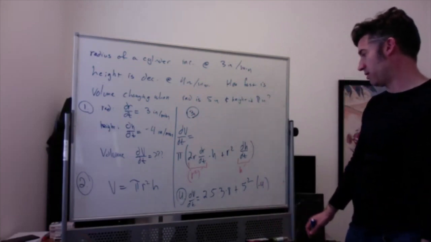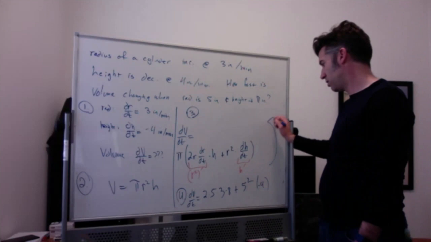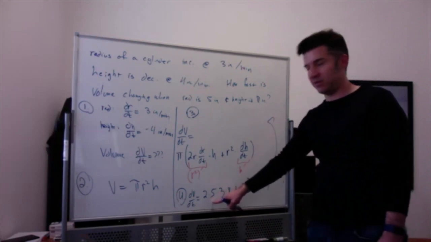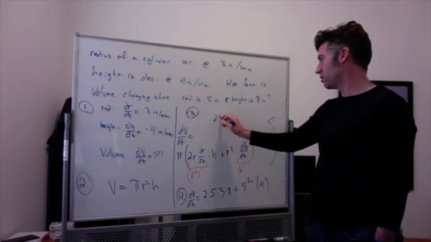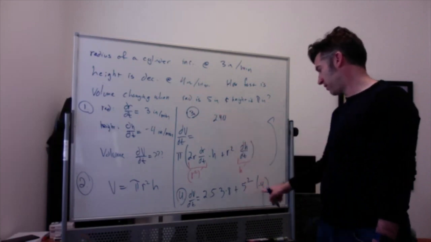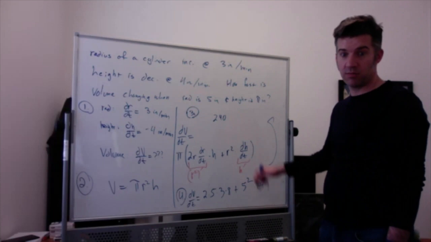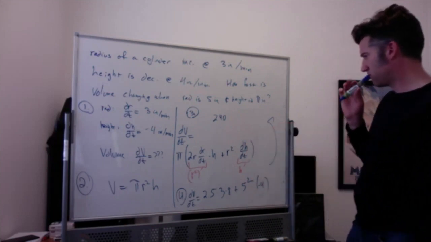And simplifying that, let's see, what do I get? 2 times 5 is 10, 10 times 3 is 30, 30 times 8 is 240, and then 25 times negative 4 is negative 100. I feel like I made a mistake.